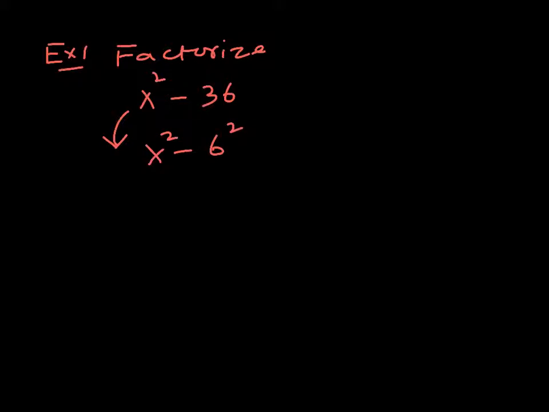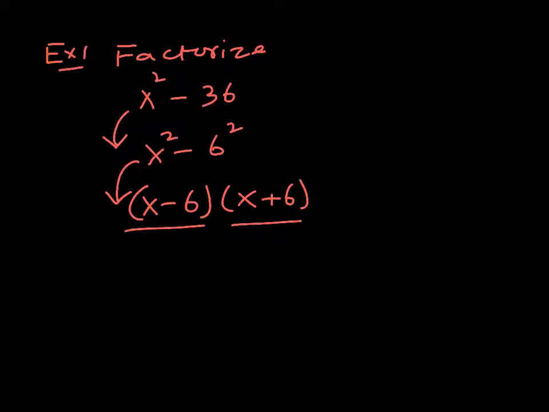So how do we write this in a bigger form? So this is going to be x minus 6 into x plus 6. Okay, so x minus 6 into x plus 6. So that's how we factorize it.